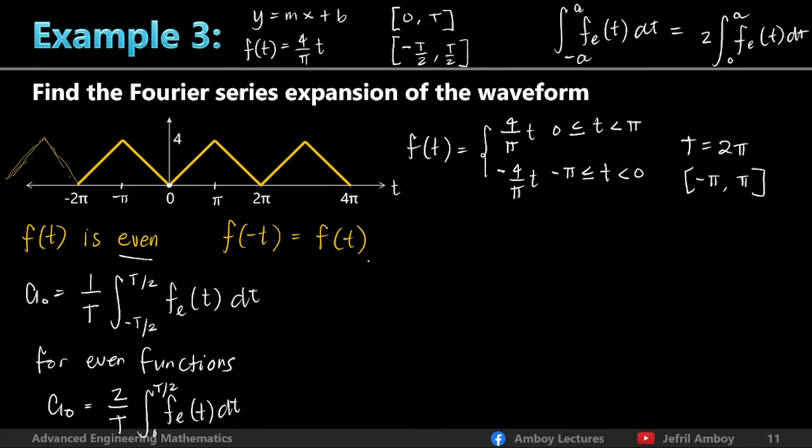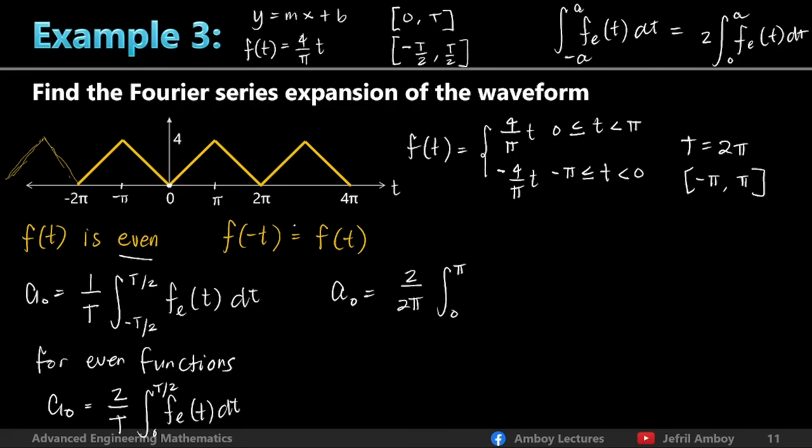Now, let us solve for AO. Okay, tandaang mabuti yan ha. This is a property of even functions. AO is 2 over, what's our period? Our period is 2 pi times the integral of, what's the given function? No? From 0 to t over 2. So from 0, what is our t over 2? T over 2 is pi. So 0 to pi.